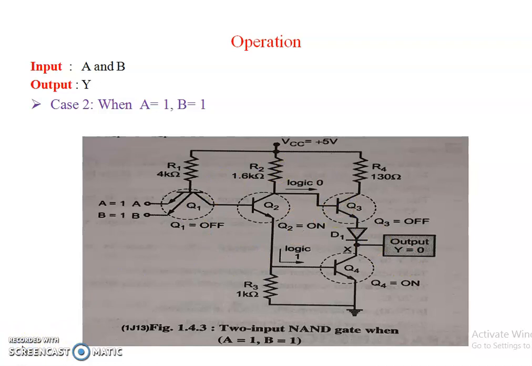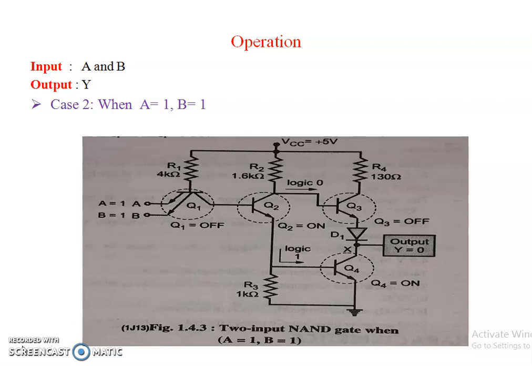Now we discuss the TTL 5400 and 7400 series. The 5400 and 7400 integrated circuits were designed as the standard for TTL, okay, and 74L or 54L for low power TTL and 74H or 54H for high power TTL.